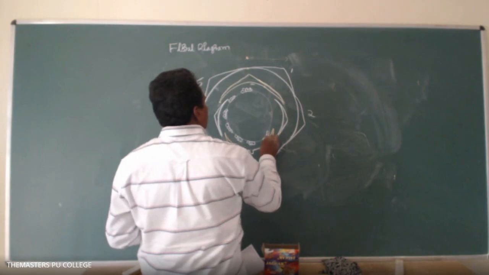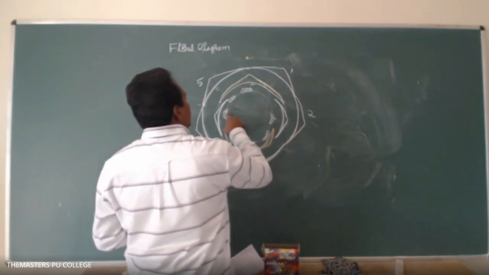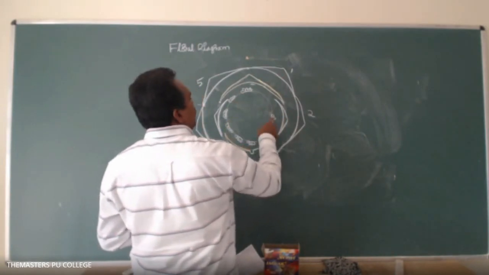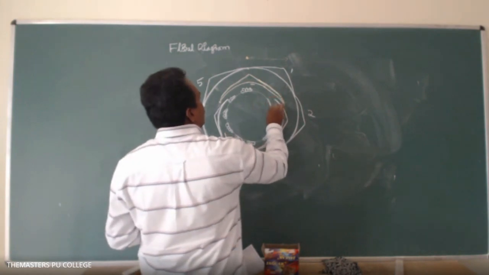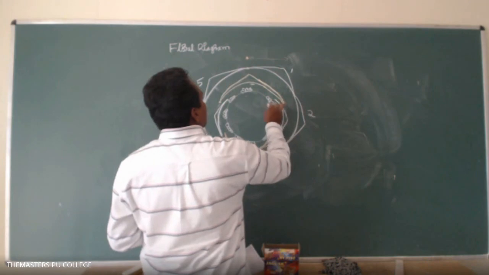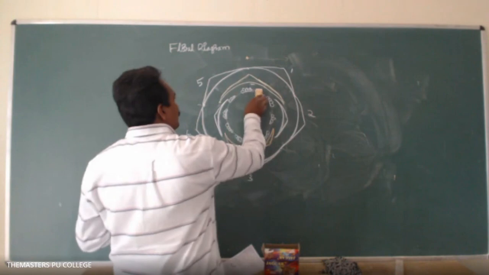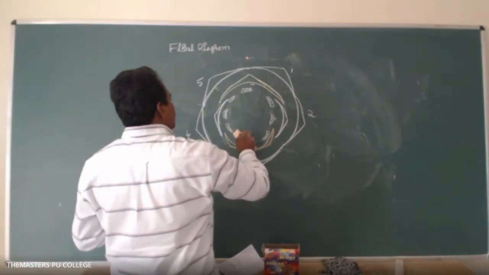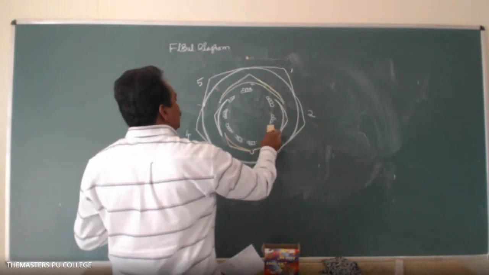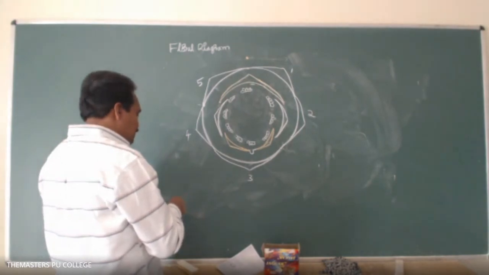Sir, they are all present in the same order. Yes, same order. One, two, three, four, five, six, seven, eight, nine. Are they free or fused with each other? Sir, nine are fused, one is free. Yes, nine fused with each other.